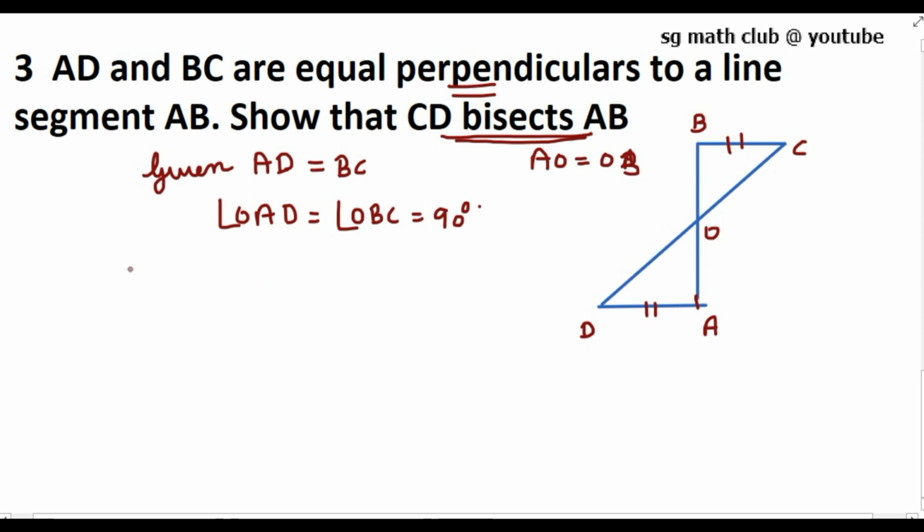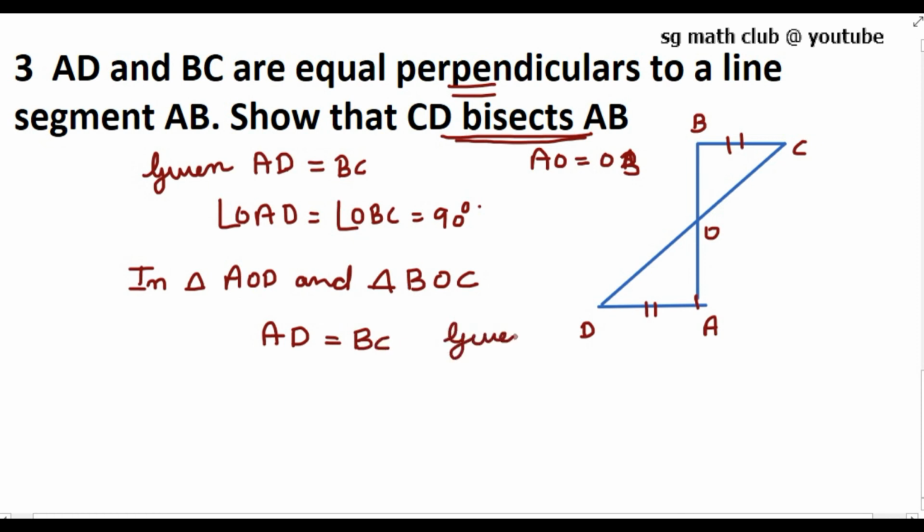For that we will consider triangle AOD and triangle BOC. In that, AD equal to BC, it is given. Also angle OAD equal to angle OBC equal to 90 degrees. So that is also given.